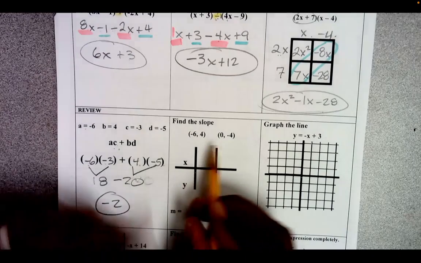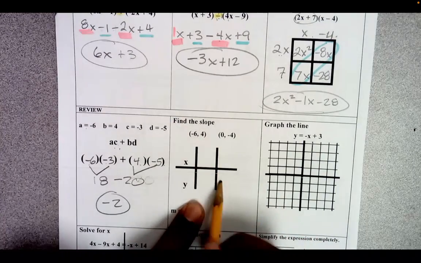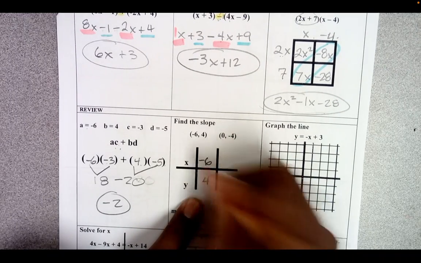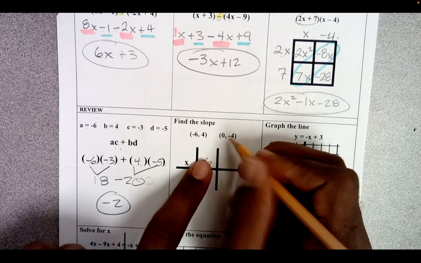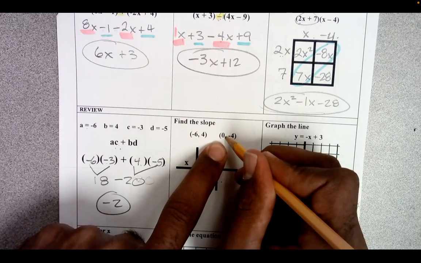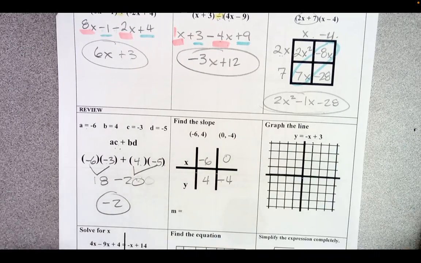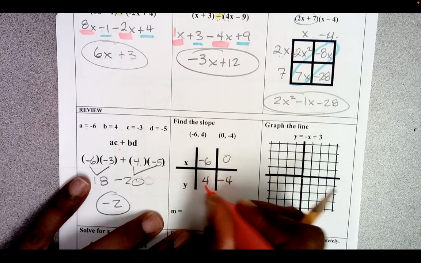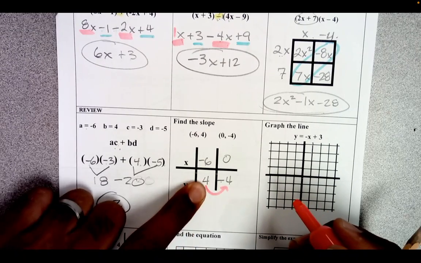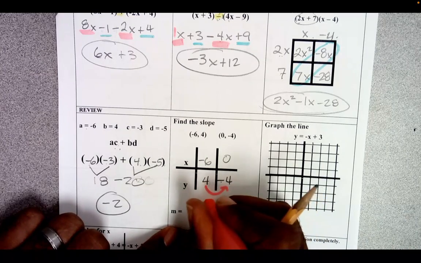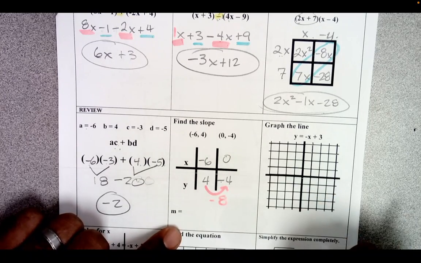Now this one, you're looking for the slope, and you can see I've already got the table set up. It's negative 4 over 6. And then the x value for the second one is 0 over the minus 4. What I'm looking for is the change in y and the change in x. If I go from 4 to minus 4, that's going down negative 8.